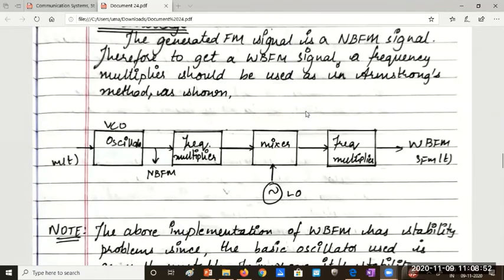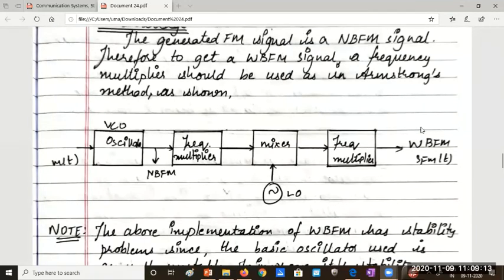And say, for example, I have this first stage oscillator generating a frequency of 100 kilohertz. Let this Hartley oscillator in the first stage, which is also called a voltage controlled oscillator, generate 100 kilohertz output.